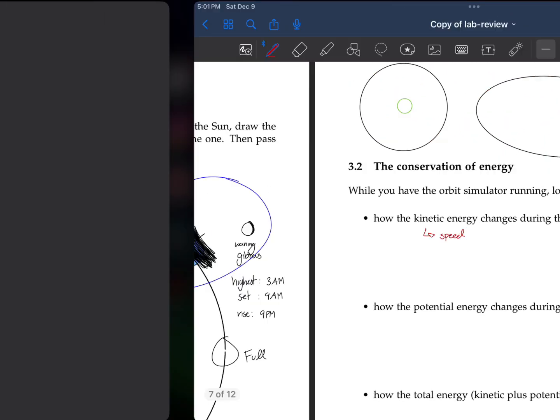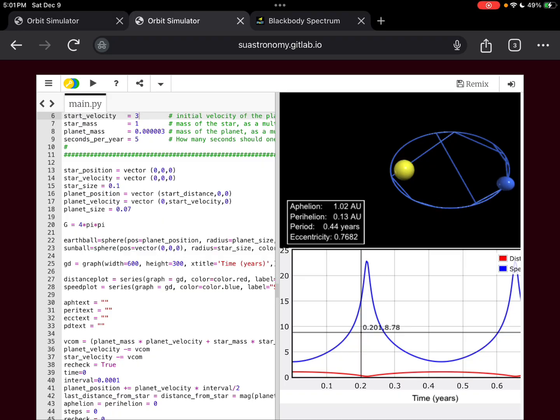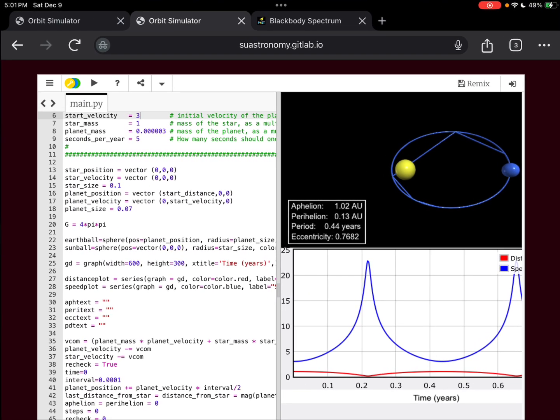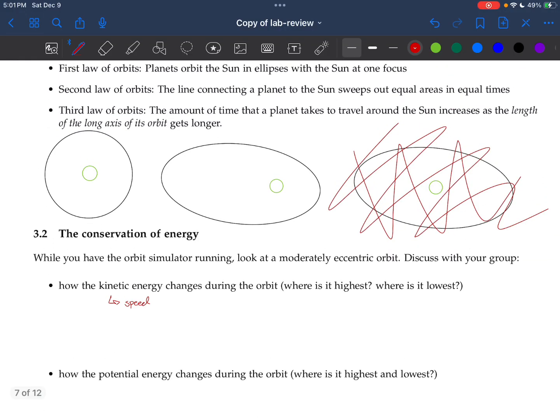So if I go back to my orbit simulator, which is, again, full of artifacts because it's not liking me jumping in and out of the tabs, we see it going much, much faster when it's closer to the sun at the perihelion than when it's much further away. So my speed's much higher, which means my kinetic energy is much higher at the perihelion.